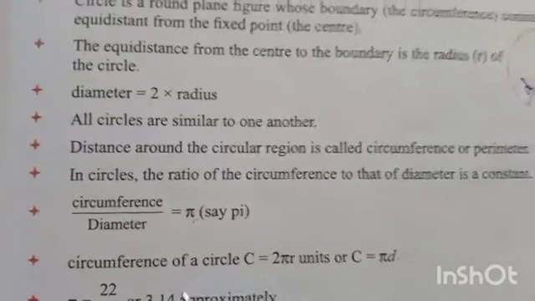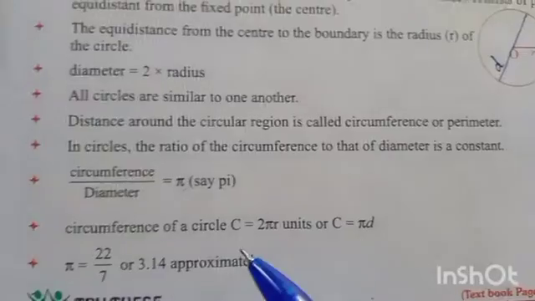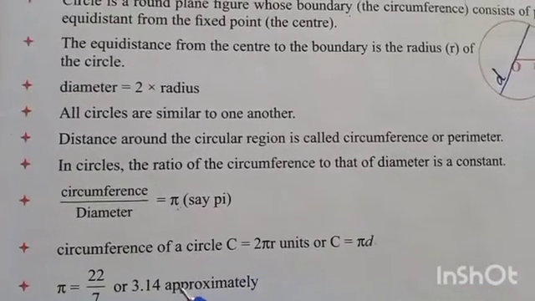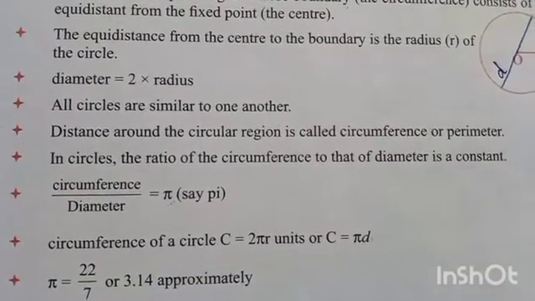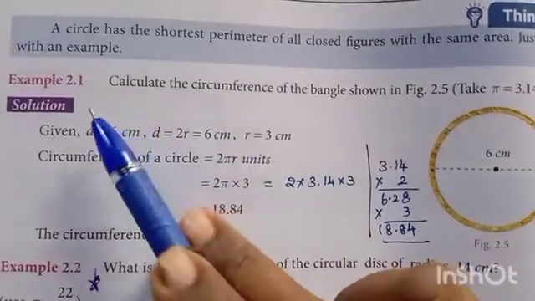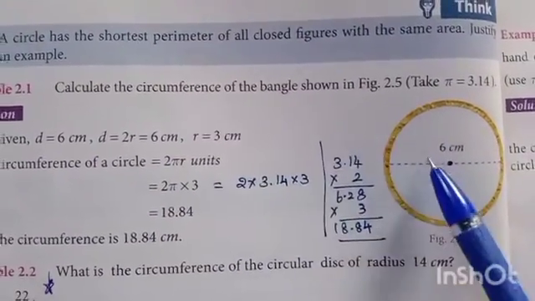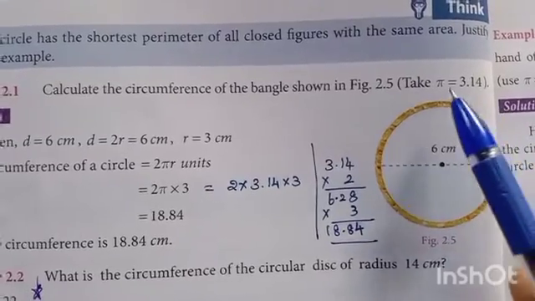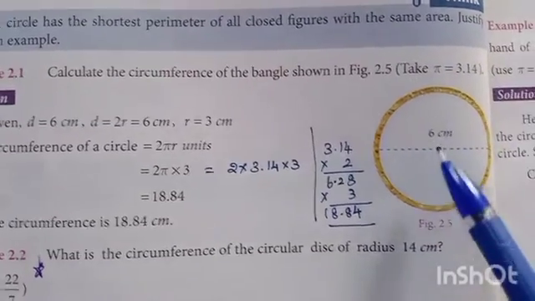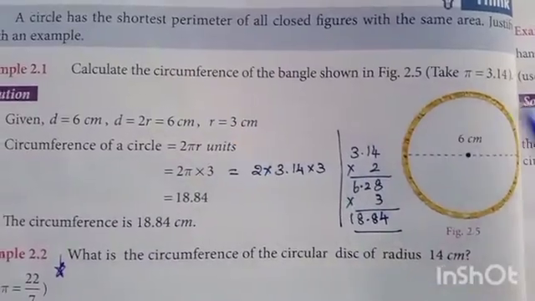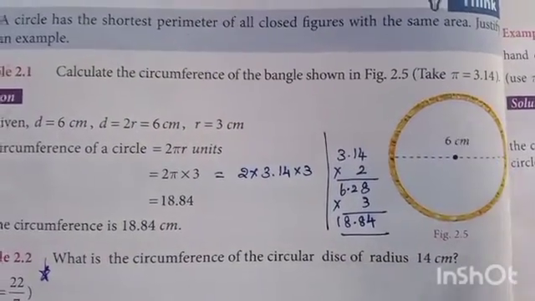Okay, students, you have to learn these points. They are useful for the problems. Listen, students, example 2.1. Calculate the circumference of the bangle shown in the figure, pi value 3.14. First you have to draw one circular shape.